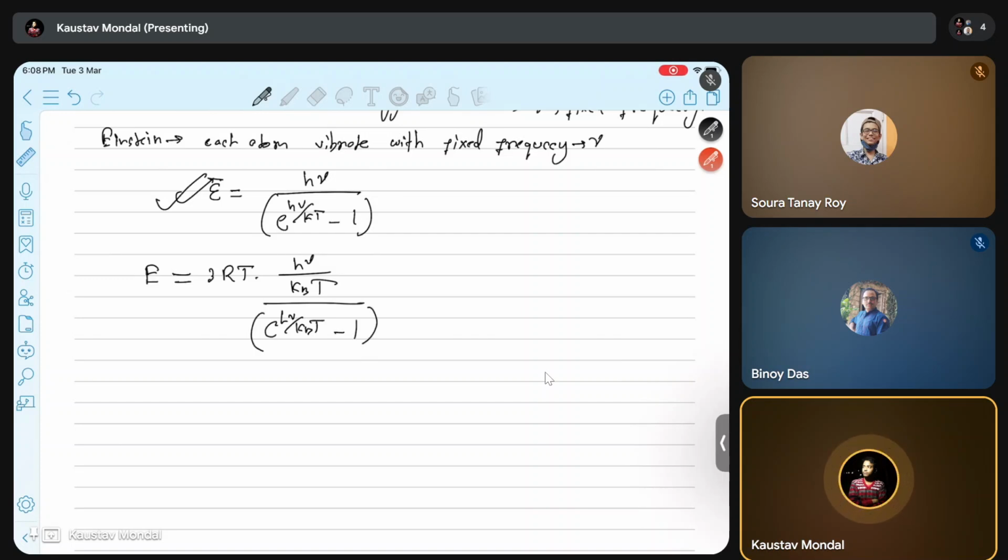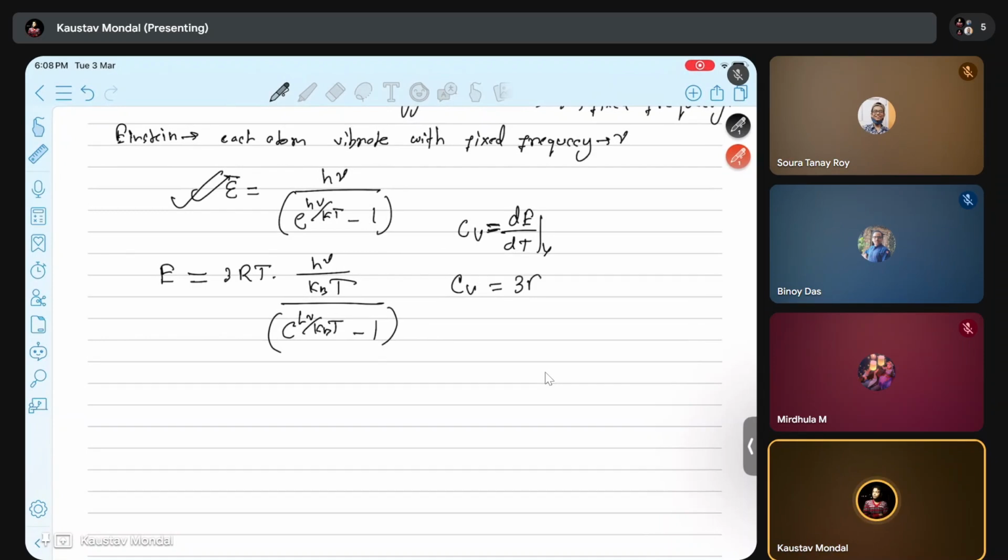From here, if you calculate the specific heat at constant volume, C_V equals dE by dT at constant volume. That expression you get as C_V equal to 3R into x squared e to the power x divided by e to the power x minus 1 whole squared, where x denotes h nu by kT.